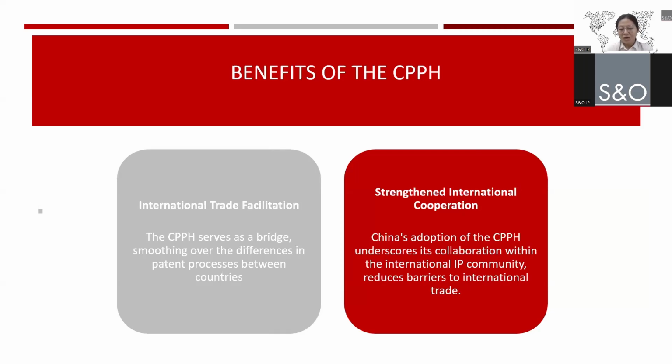As a member in the global PPH program, China's adoption of the CPPH underscores its collaboration with the international IP community. This collaboration promotes a harmonized approach to patent examination, reduces the barriers to international trade, and encourages a united front in protecting and encouraging global innovation.